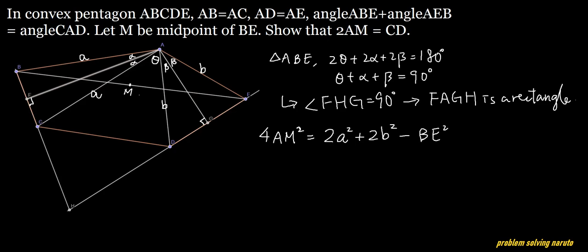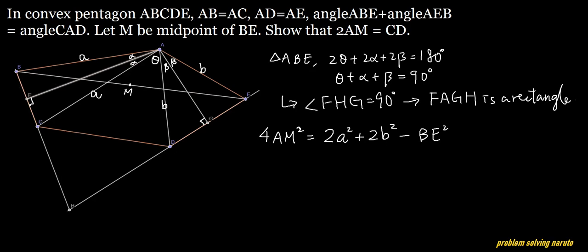There are two ways. Let me tell you the first route I tried. You know that FAGH is a rectangle, so this length is this length, and this length is this length, and CD square is just CH square plus HD square.